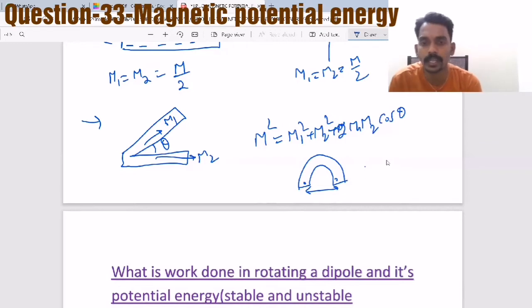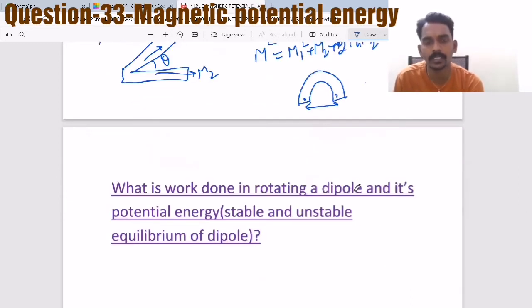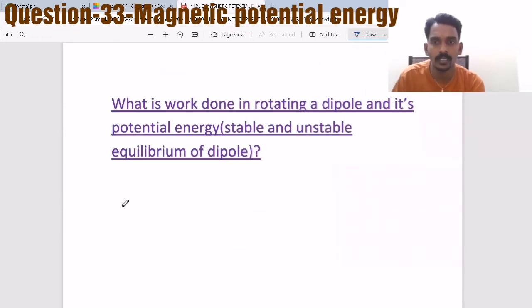From that you will find the radius, then the distance between the two poles is equal to the diameter. Using that you can find the new magnetic moment of the magnet which is bent in the form of a semicircle. Like that they can ask questions based on the magnetic moment.